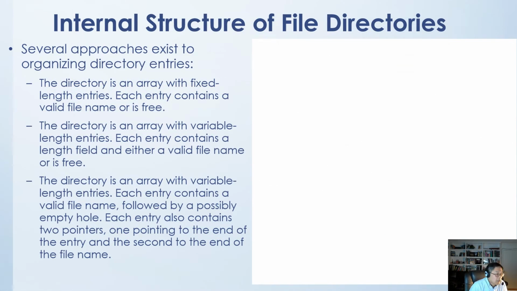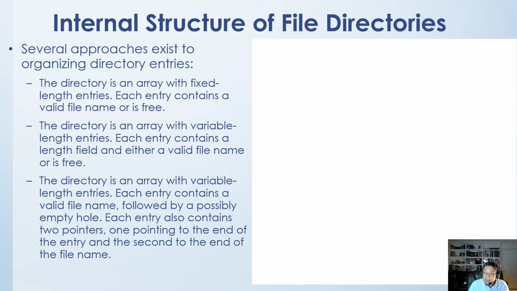So let's talk about the internal structure of file directories. Now, the operating system file system must be able to efficiently do a couple of things. Number 1, search directories for file names. And number 2, find and allocate an entry when a new file is created.